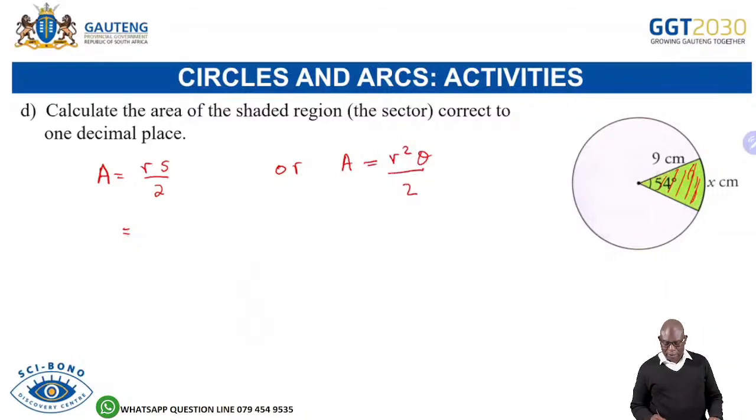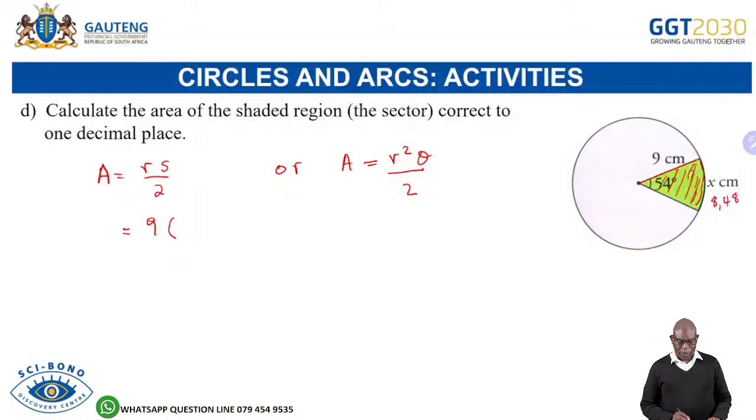So my radius here is going to be 9. Do you remember what is my arc length? Remember the arc length that we got there was 8,48. So I can use that arc length, which is 8,48, all divided by 2.